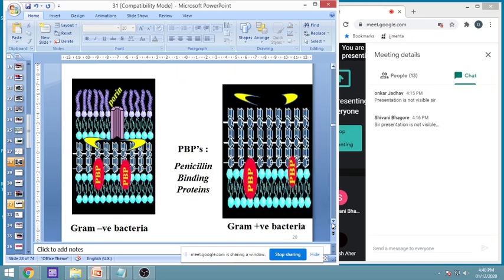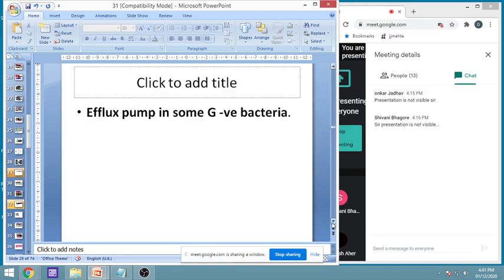So these are the structures, that is, there are PBPs, penicillin binding proteins, in gram-negative and gram-positive, and the enzymes are present. Porin is there in gram-negative, and these enzymes are working for structural synthesis of the cell, that is, peptidoglycans. Now in some places, why there is resistance, particularly in gram-negative bacteria, there is an efflux pump.